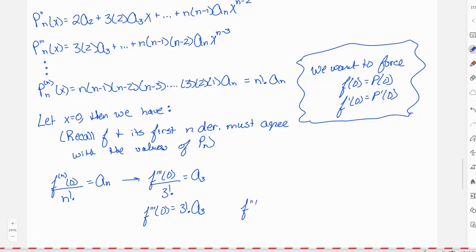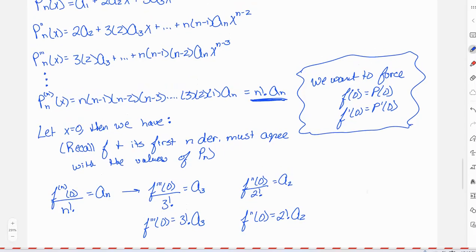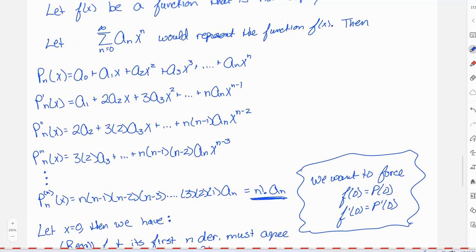And then the second derivative at 0 would have to equal 2 factorial times a sub 2, following that pattern that we had up here with the n factorial a sub n being the nth derivative. So that means that the second derivative of the function at 0 over 2 factorial would be equal to whatever that coefficient would be right here.